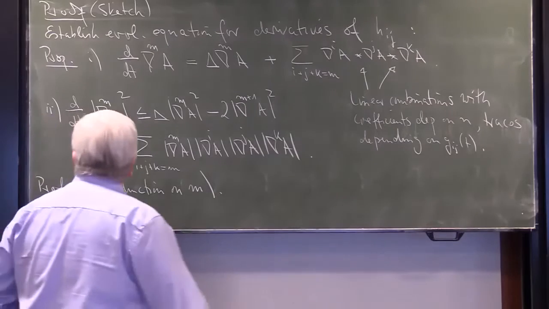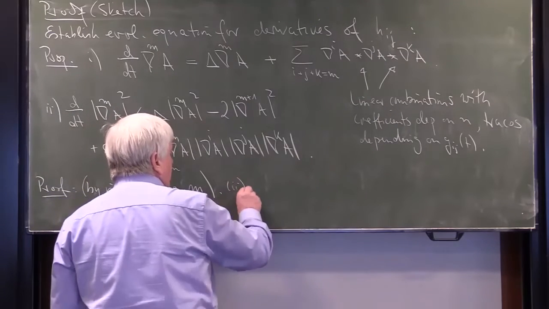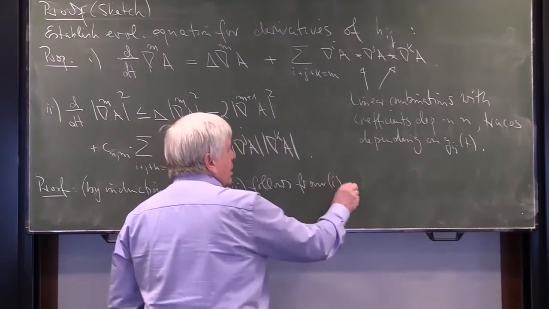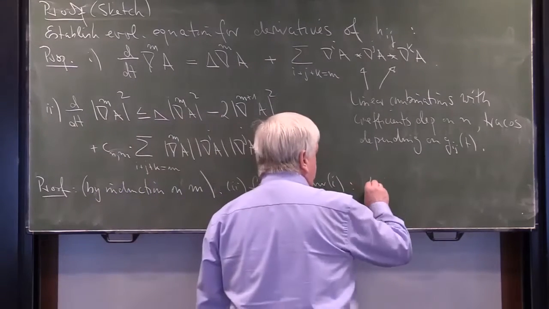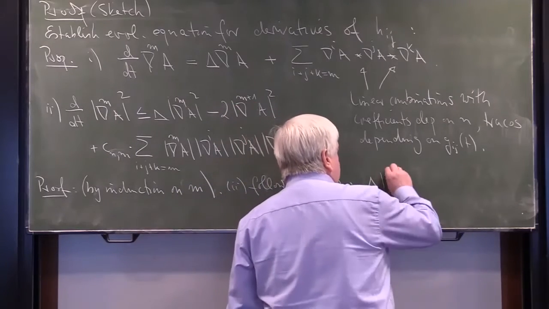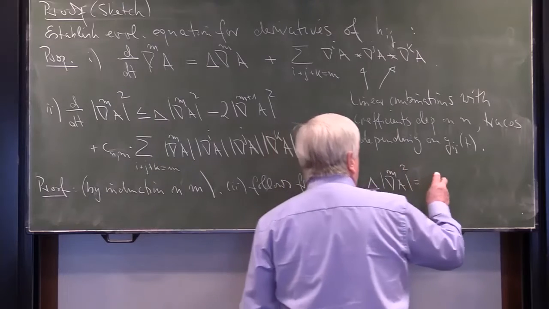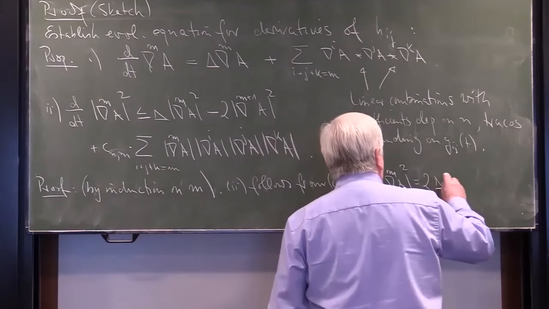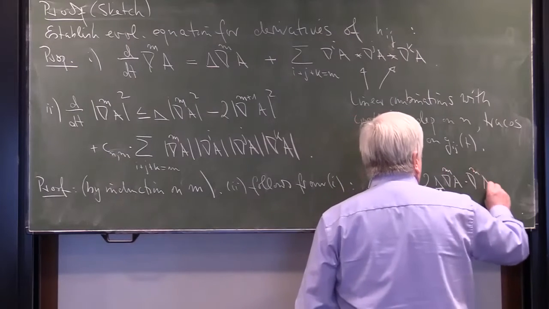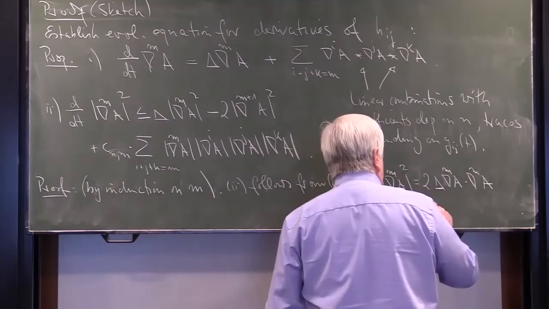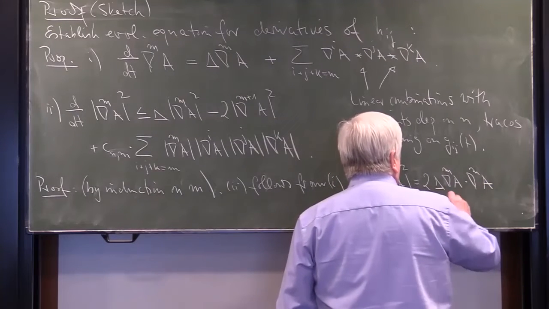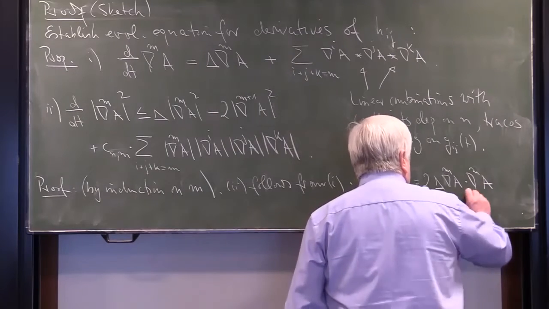First of all, it is clear that 2 follows from 1, since the Laplacian of the square is equal to twice the Laplacian of the m-th gradient times the m-th gradient plus twice the gradient of the m-th gradient squared, right?